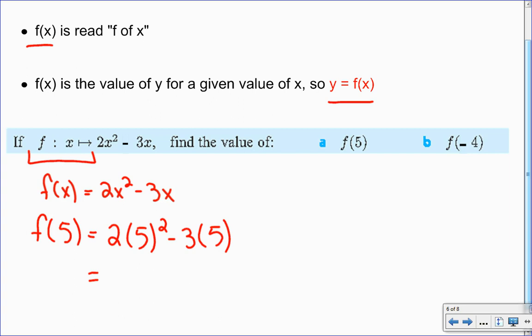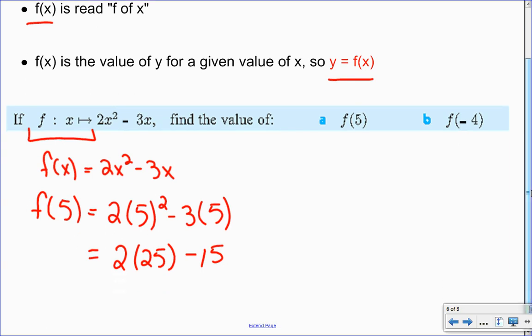Okay, so we've got 2 times 25 minus 15, or 50 minus 15. That gives us 35. So f of 5 is equal to 35, and then f of negative 4.